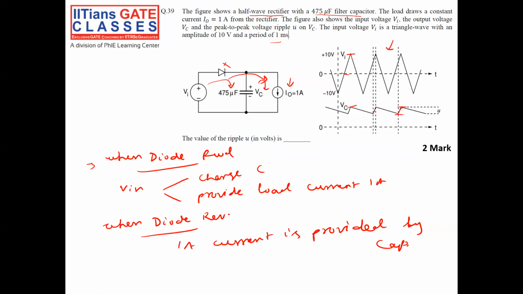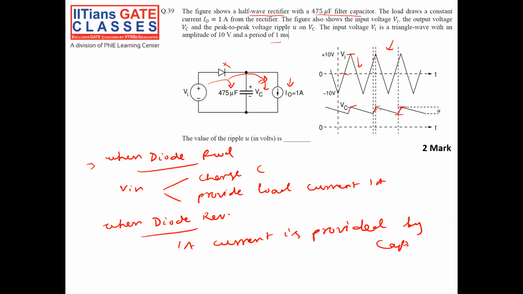So you see, when Vin is reduced, the capacitor is discharging because it is providing current to the load. It will go on discharging. Again, when my input crosses my VC at this point, my capacitor will charge in a short interval to my input.